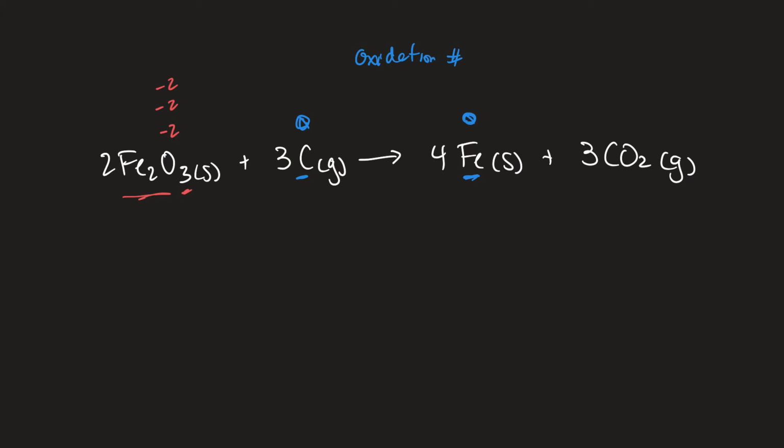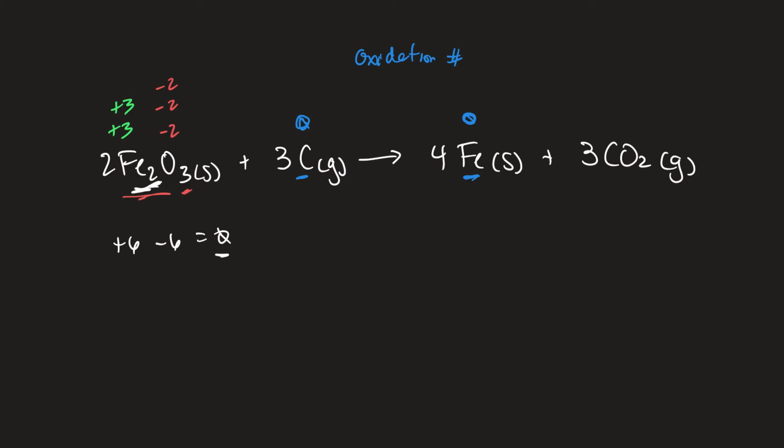And so because the overall compound is neutral, the oxygen has a total charge of -6. So these 2 irons must have a total charge of +6 in order for this to be neutral. So what is the oxidation number of each of our irons? Well, if you do the math, you will notice that each of the irons must have a +3 oxidation number in order for this to be a neutral compound.